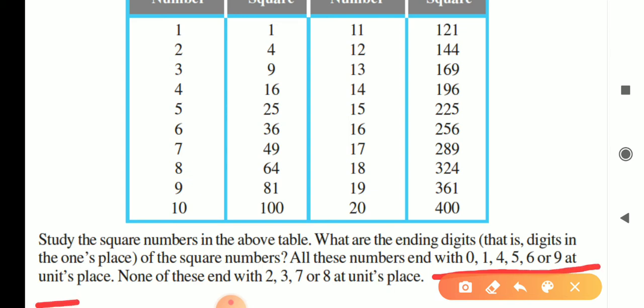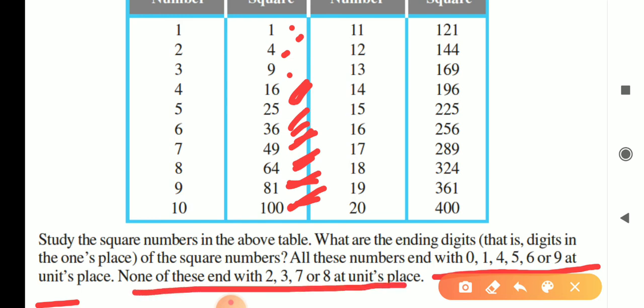In all the square numbers, you can see 0, 1, 4, 9, 6, 5 coming repeatedly. And none of these ends with 2, 3, 7, 8 at the unit place.